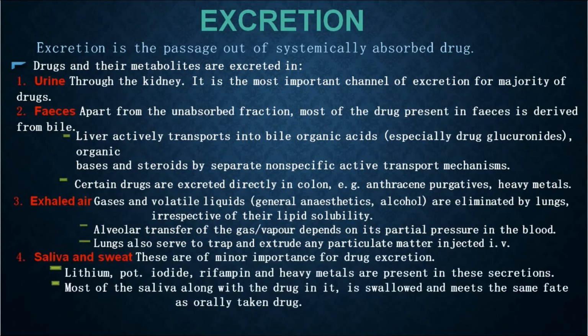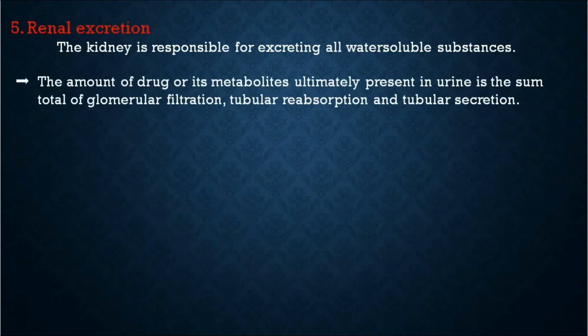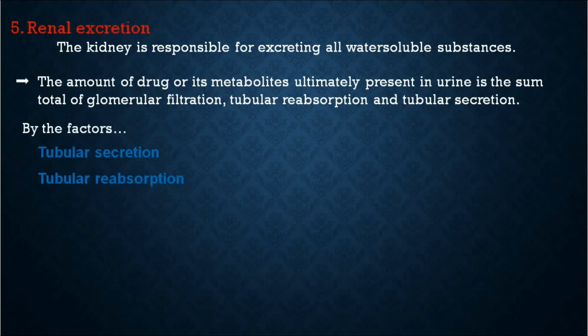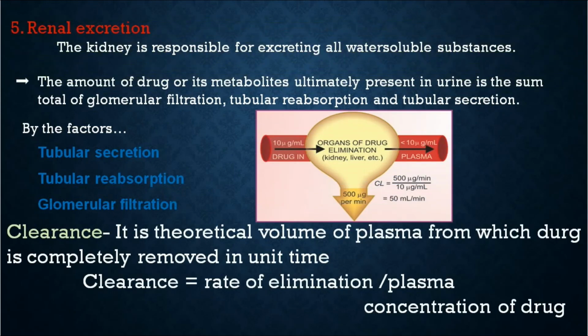Saliva and sweat are of minor importance: lithium, potassium iodide and heavy metals. Renal excretion is for excreting all water soluble substances. The amount of drug or its metabolites ultimately present in urine is the sum total of glomerular filtration, tubular reabsorption and tubular secretion.